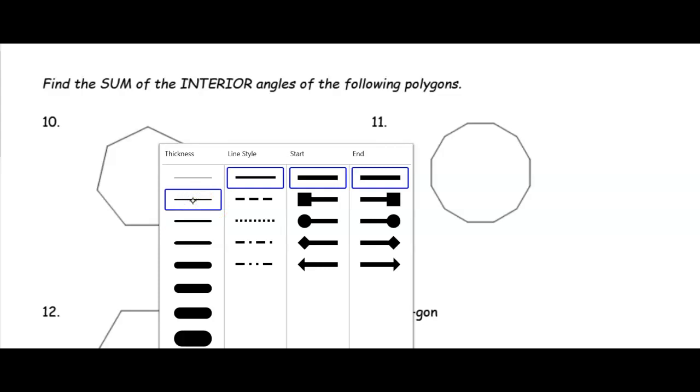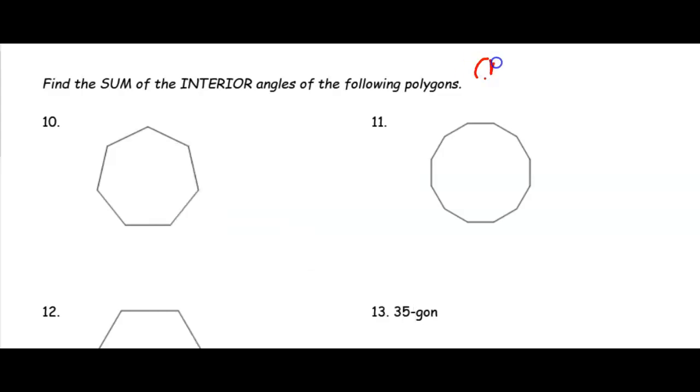Okay, so now this says sum of the interior, which is n minus 2 times 180.